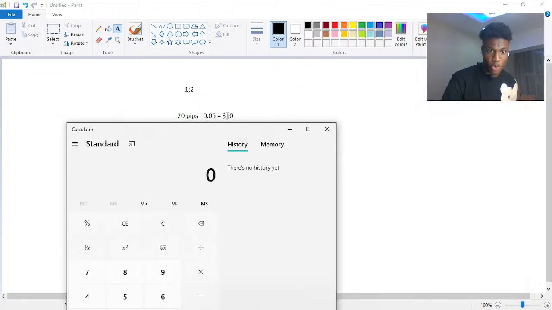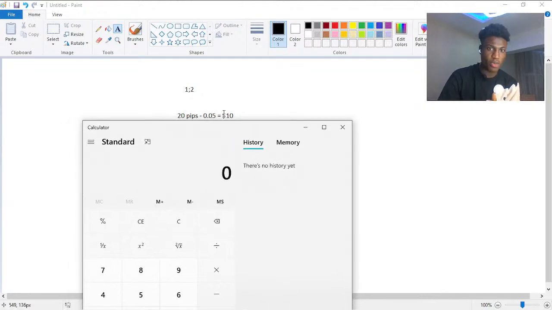Remember, the first thing I told you to do is to set your risk amount. Your risk amount is going to determine how you spread the pips, right? So from this illustration, I did not exceed the $10 risk, but I was able to minimize the amount of pips.